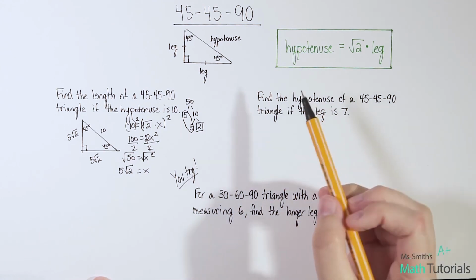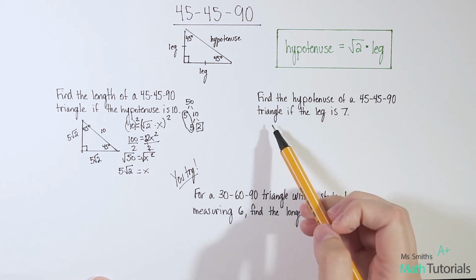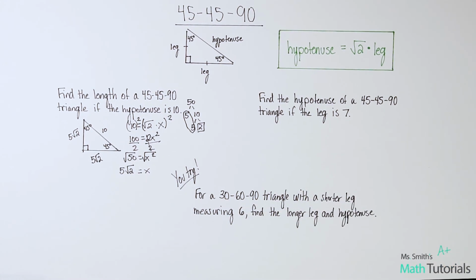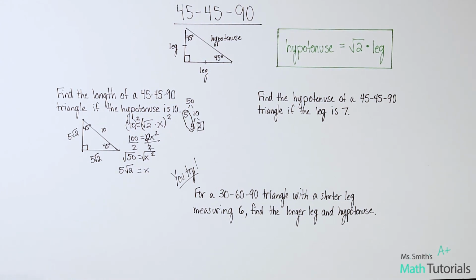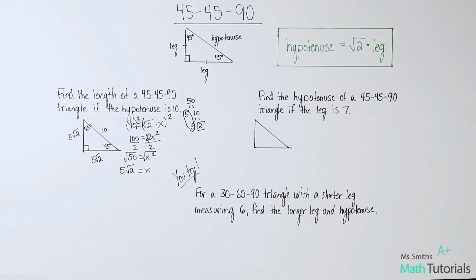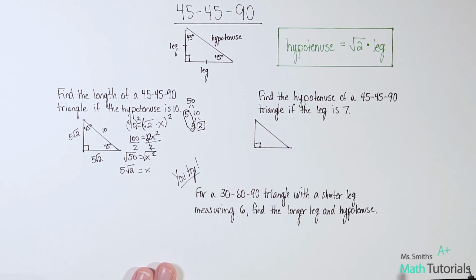All right, let's look at one more example. Find the hypotenuse of a 45, 45, 90 triangle if the leg is 7. Okay, so let's draw this triangle. All right, we will label this corner 90 degrees.